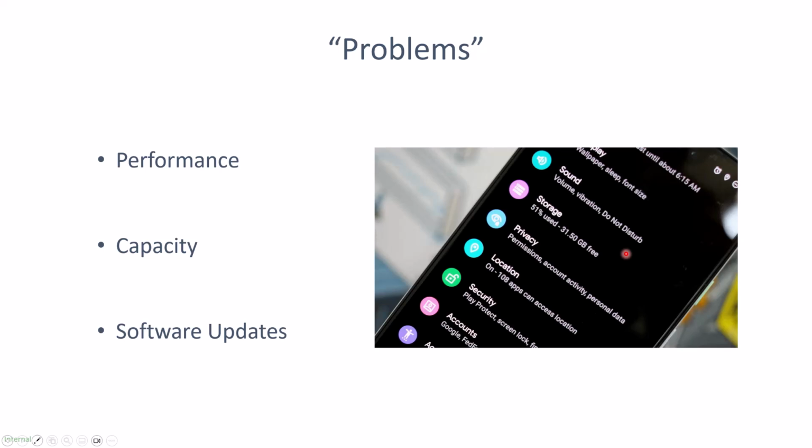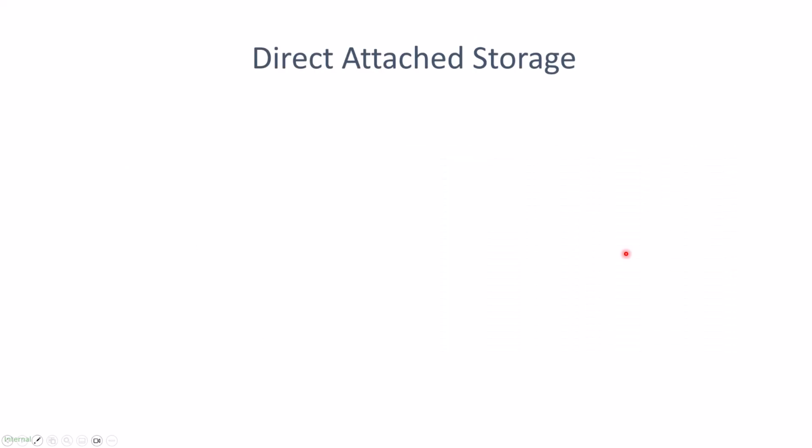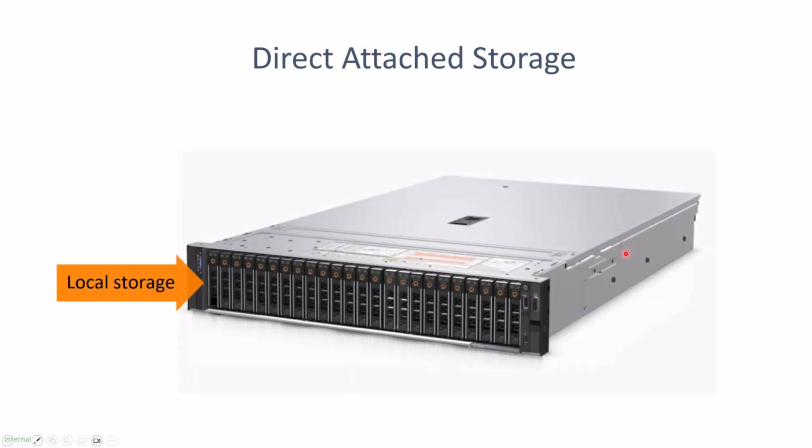So that's servers. I want to move on now to storage. We've already spoken about storage in terms of being within the server, and this is called direct attached storage or local storage. Direct attached meaning that it is directly attached to that server.